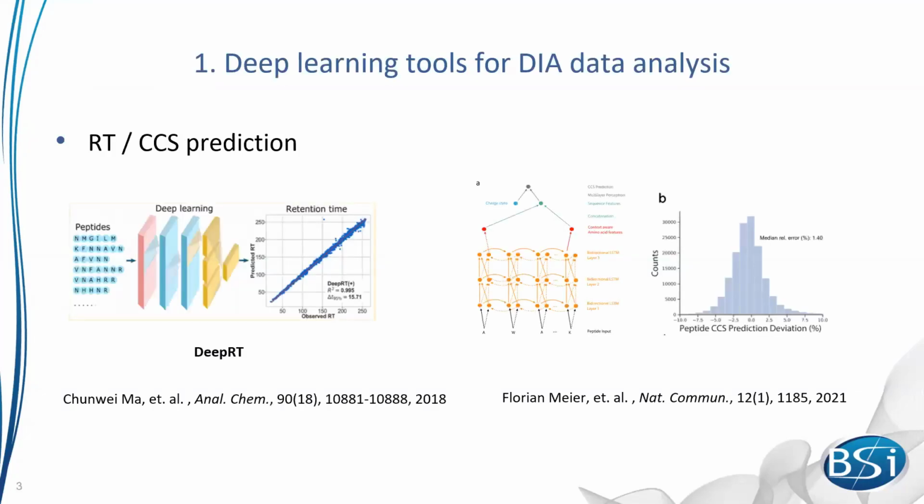And deep learning has been used in proteomics in recent years, and it brings some advantages and brings proteomics to a deeper level. In Peaks Online, we used many deep learning tools for DIA data analysis. Specifically, we know that retention time and the CCS value are very important for peptide identification.